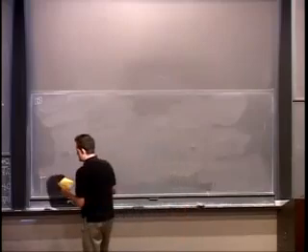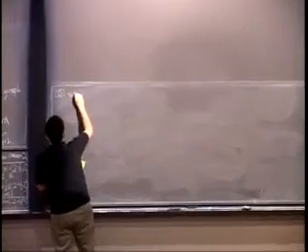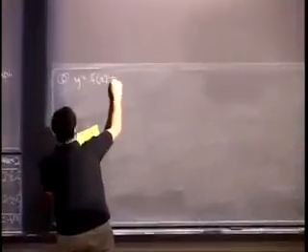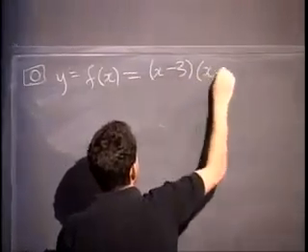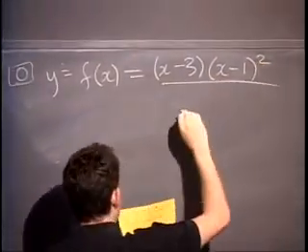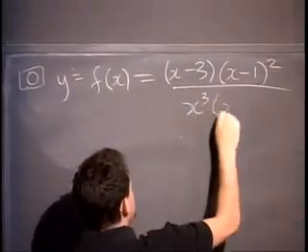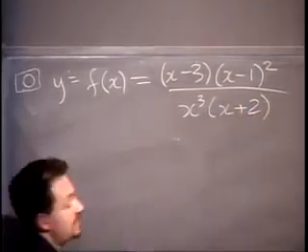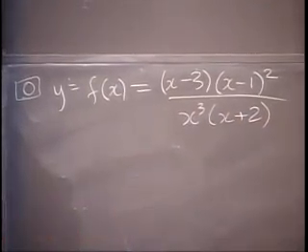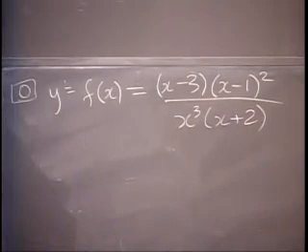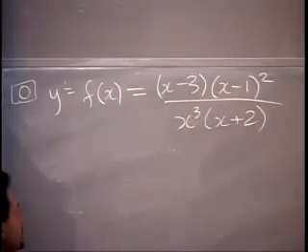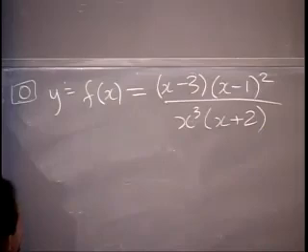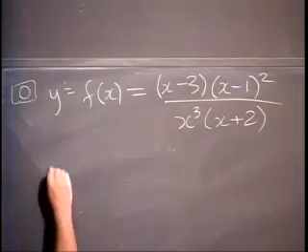Actually, it's just the one that we looked at before when we drew up the table of signs. y equals f of x is equal to (x minus 3)(x minus 1) all squared over x cubed (x plus 2). That was the first example that I looked at for table of signs, but I just want to start you off. Again, I'm not going to do the last 4 steps here, which, as I say, I'm wimping out, but let's see how the first few steps look.